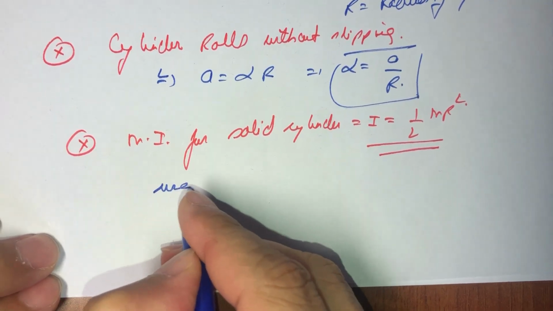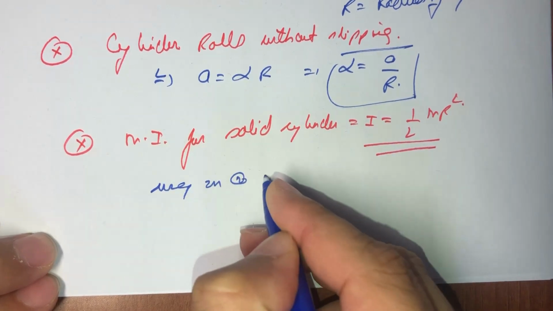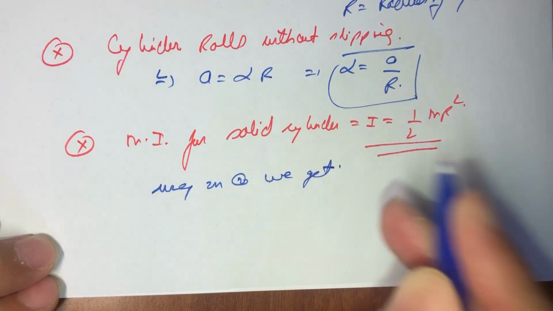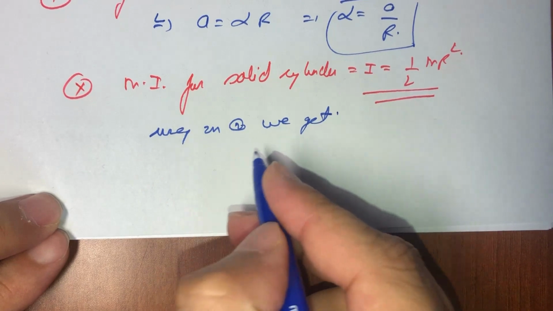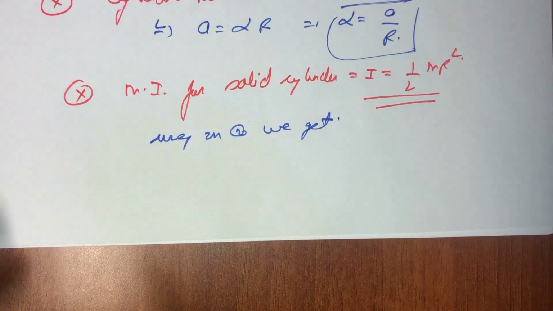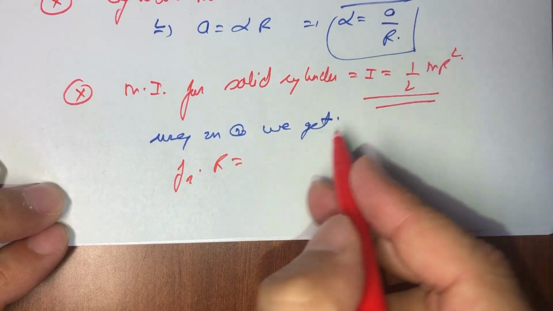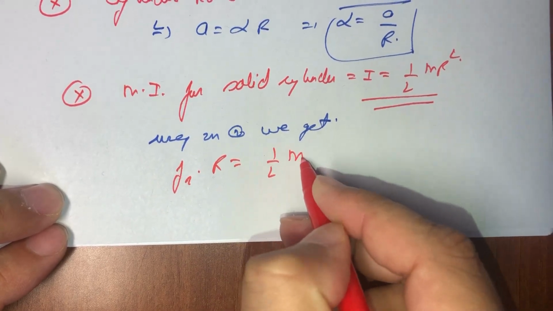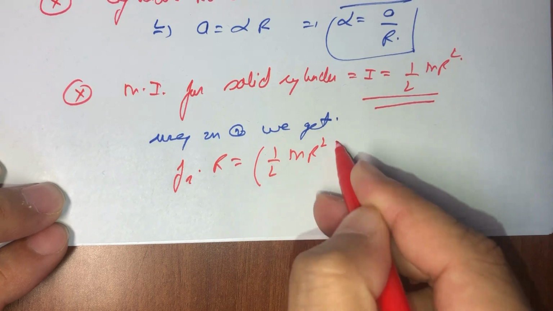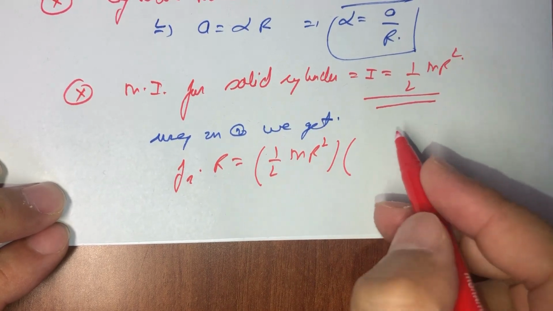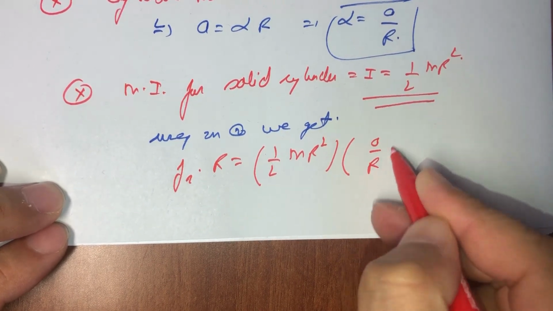So using equation 2, we get frictional force Fr multiplied by radius r is equal to half m r square, and alpha is given as A upon r.